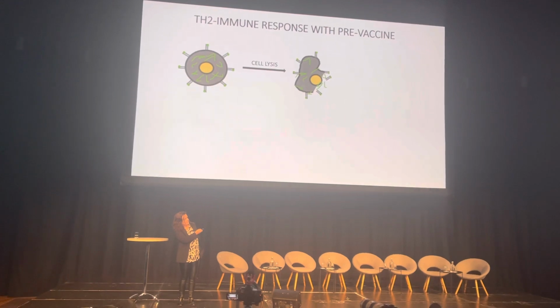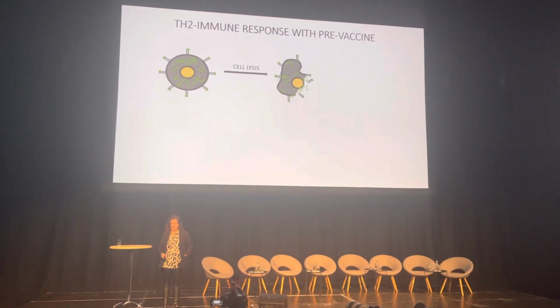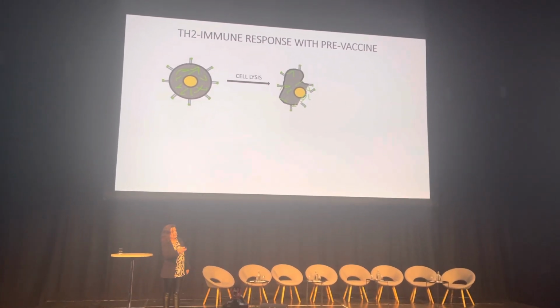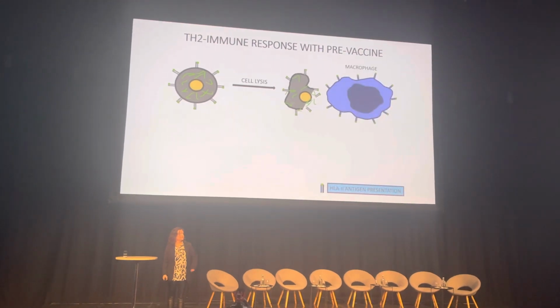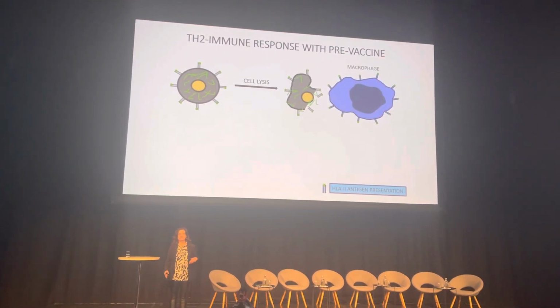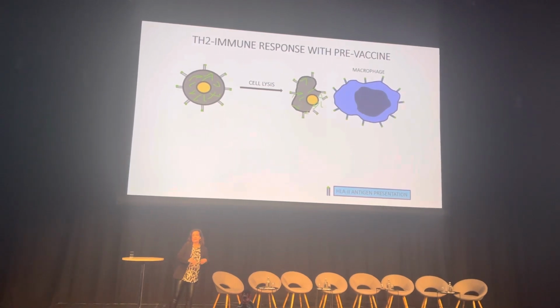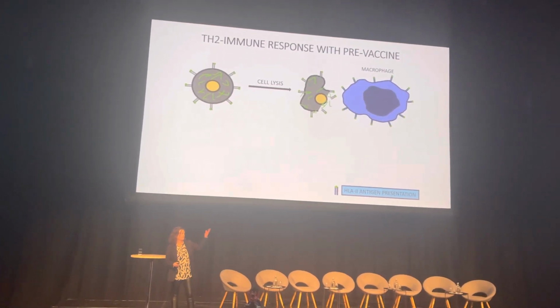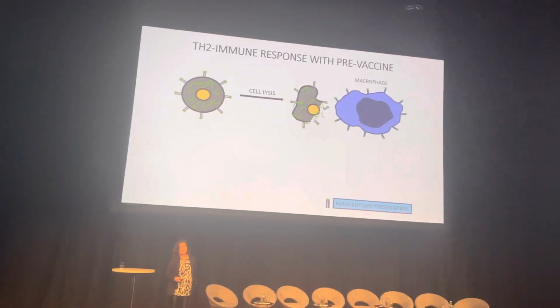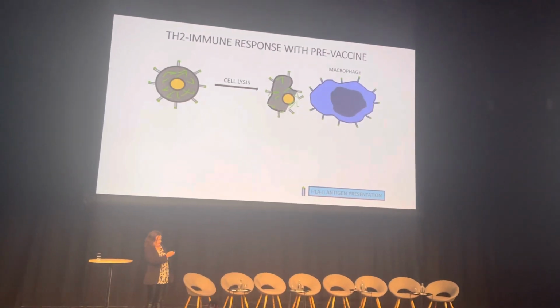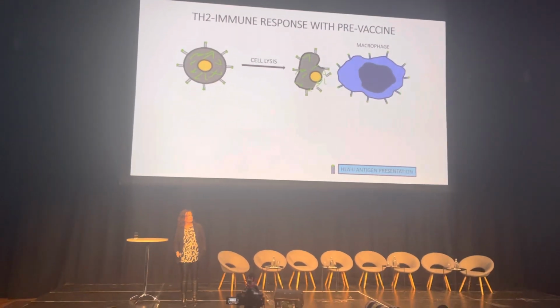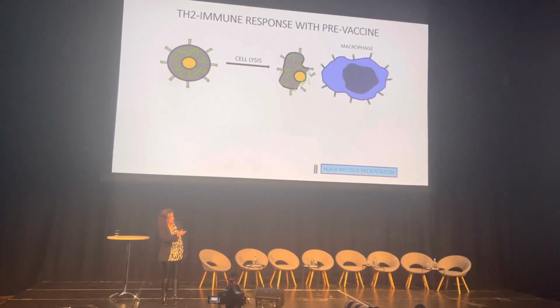And what happens here is when this cell dies, it collapses, lets out its content, and there's another type of cell called the macrophage, and that is a cell that's eating everything that's outside, all the proteins, all the remnants of dead cells and so on. And it also breaks it down to pieces and presents them on the surface in another system.